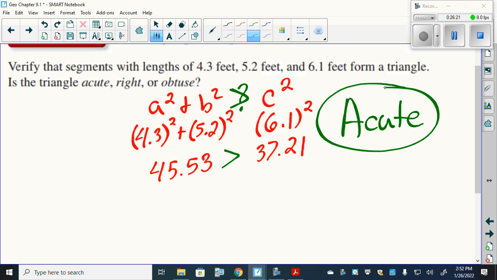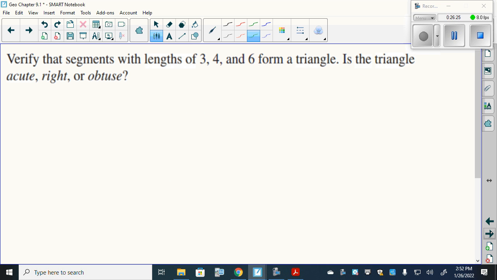Any questions on this here? Verify that the segments 3, 4, and 6 form a triangle. Well, yes, because the two smaller side lengths, 3 and 4, if we add them together, we get 7, and 7 is greater than 6. So this does make a triangle.